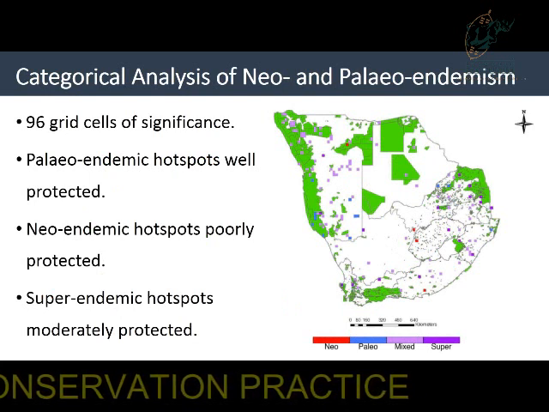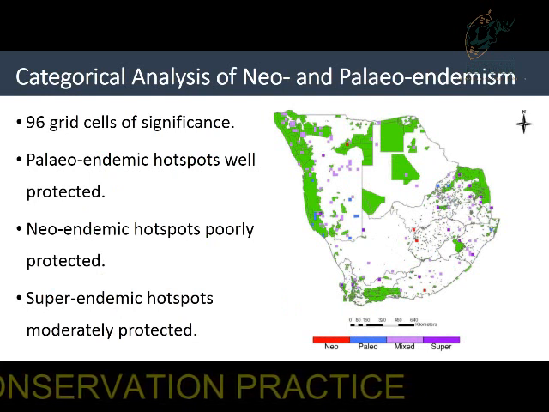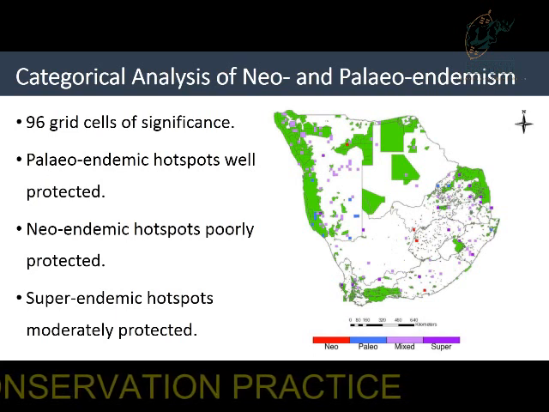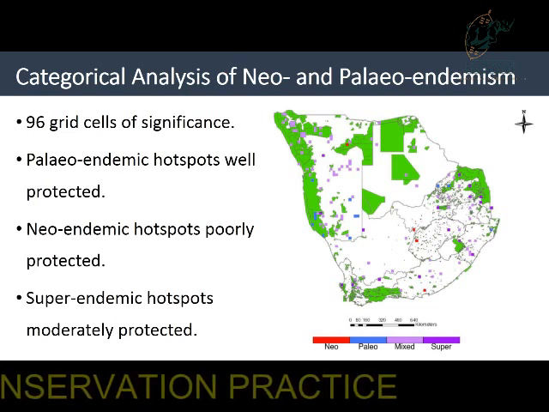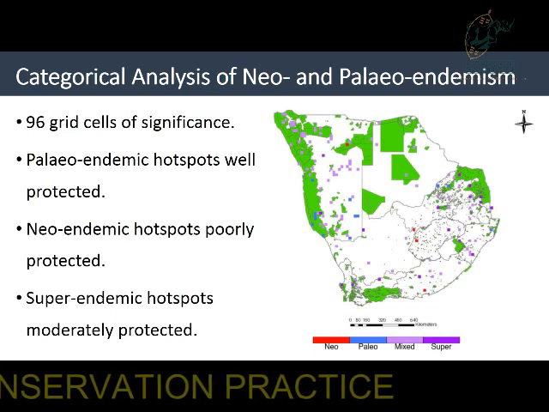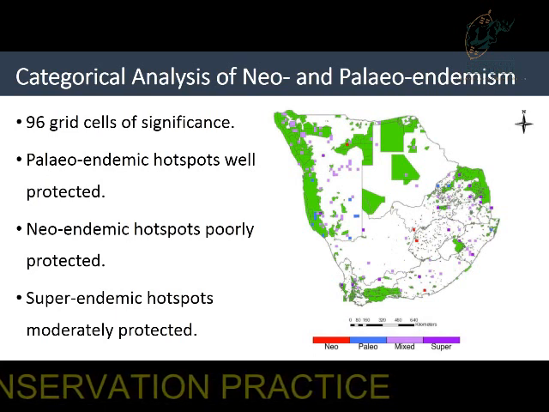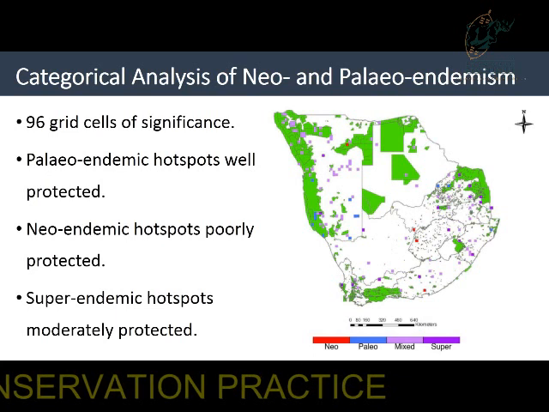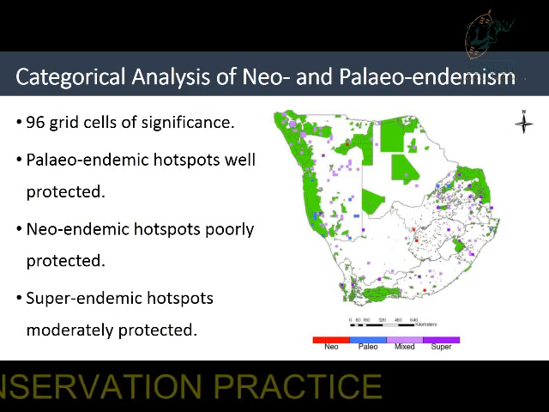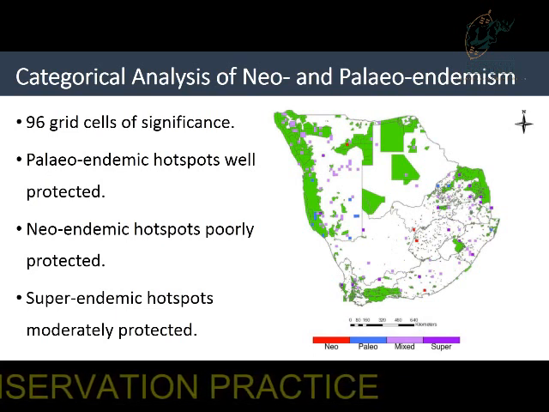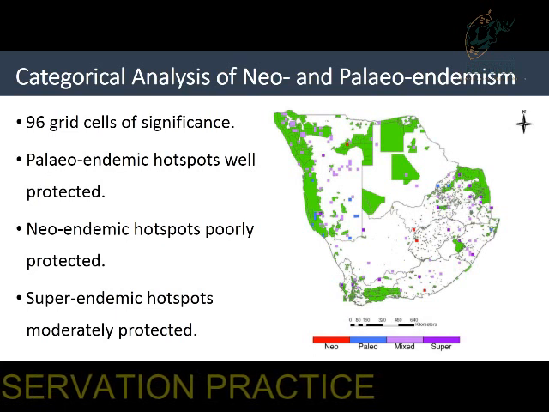For the CANAPE analysis, 96 grid cells were found to be significantly high in endemism, and only 4 of those represented neo-endemic hotspots, with 3 of them in South Africa and 1 in the Otjiwarongo district in Namibia. And paleo-endemic hotspots are more widespread in the region.